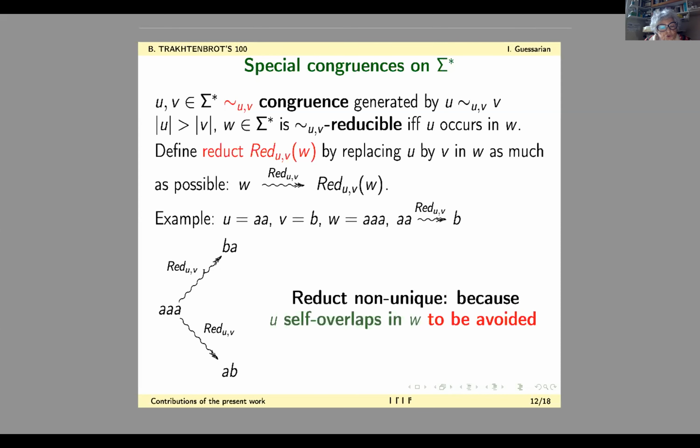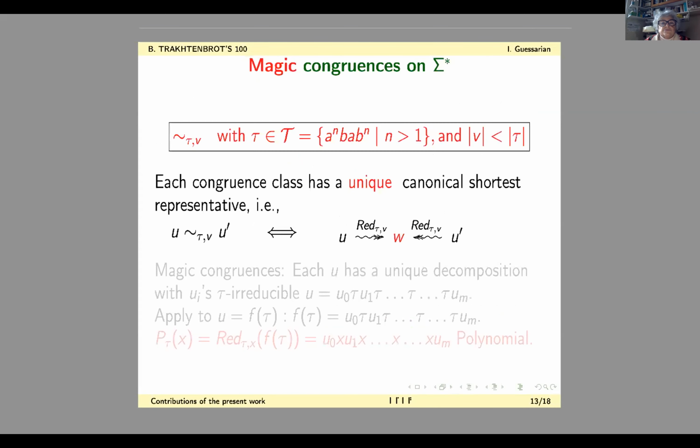So we get two shortest equivalent words to AAA. The reduct is non-unique. This is because u self-overlaps in w. So we have these first two, which are a u, and these last two, which are also a u. So this must be avoided. And here is where our magic comes in.